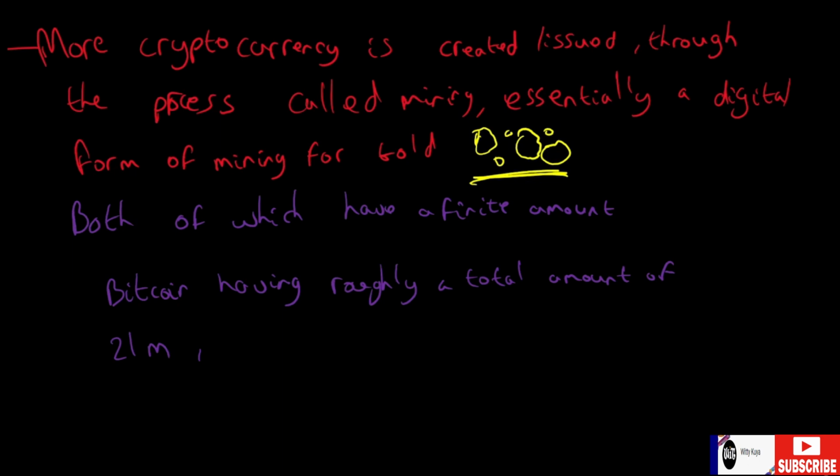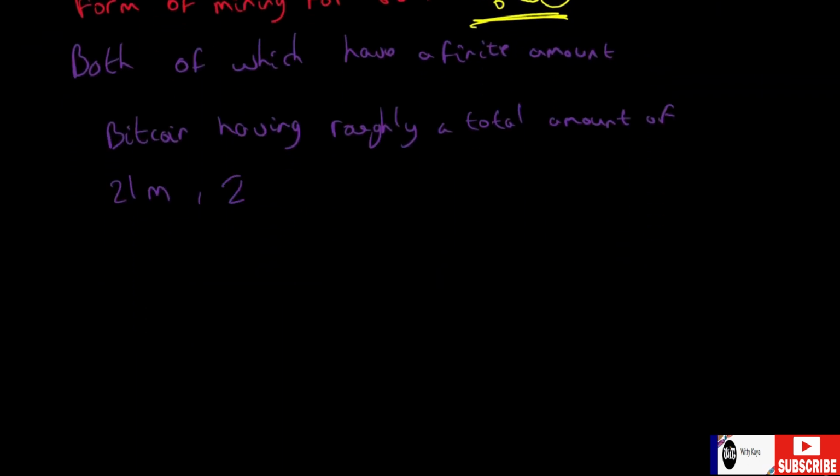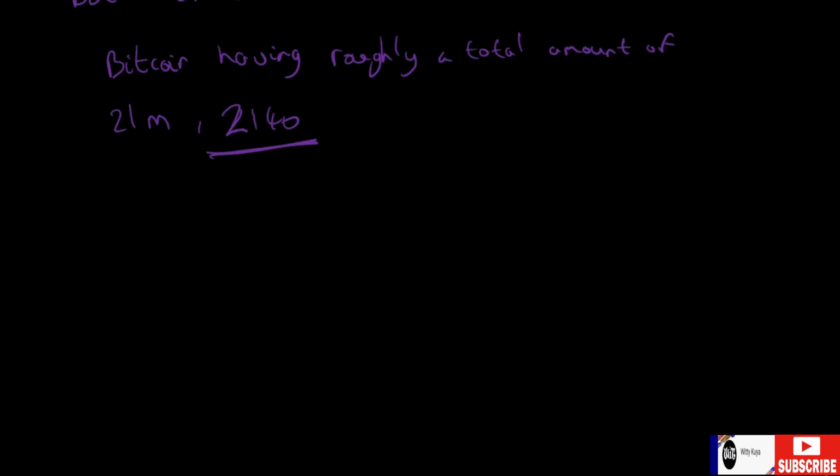What you can do is transfer 0.0001 of a Bitcoin, for example, 0.023 of a Bitcoin. So it is very versatile in that sense. And roughly all Bitcoins will be mined by 2140. That is the current estimation.